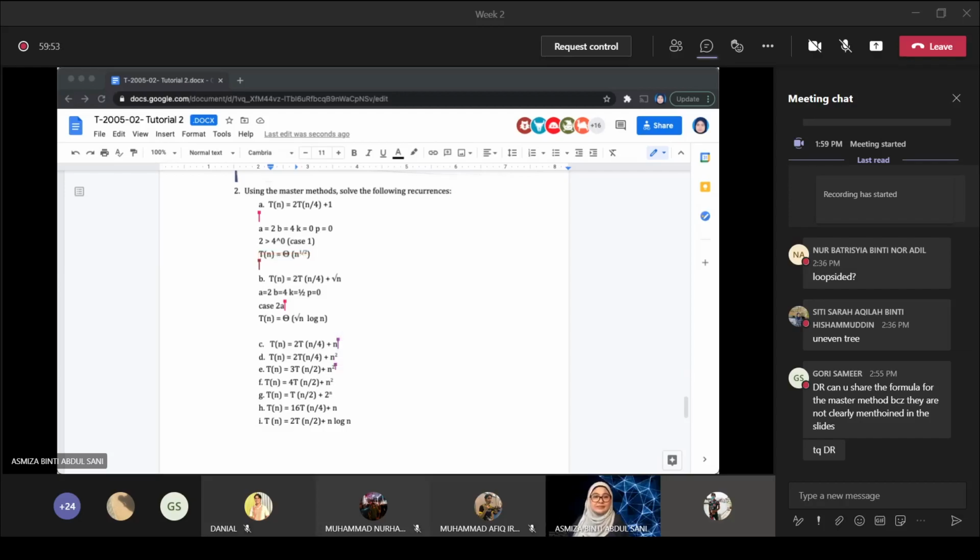How about the rest? I have around 30 something, just now 20 something in my group. I should not have 30 something because I think group 3 is supposed to only have 20 something. So I have 31 in my group. If you are not supposed to be here, please go to your respective group.